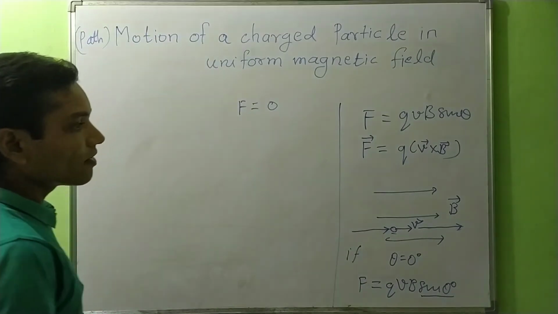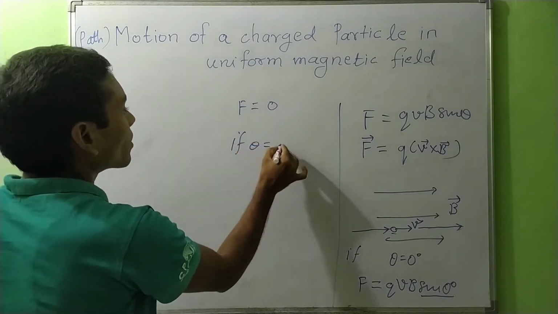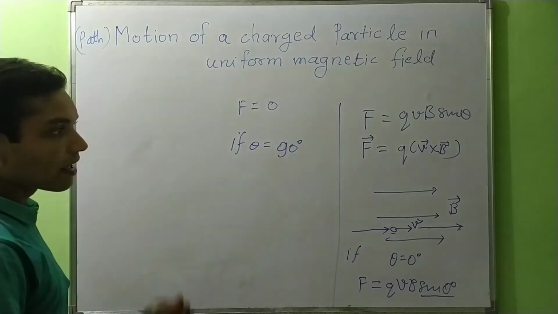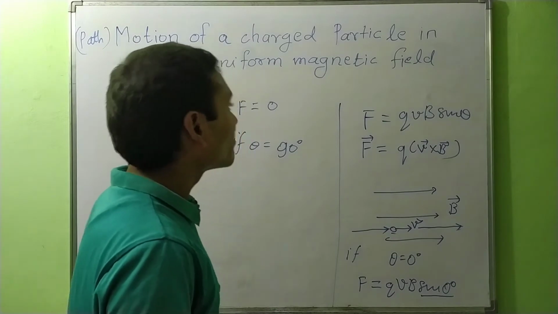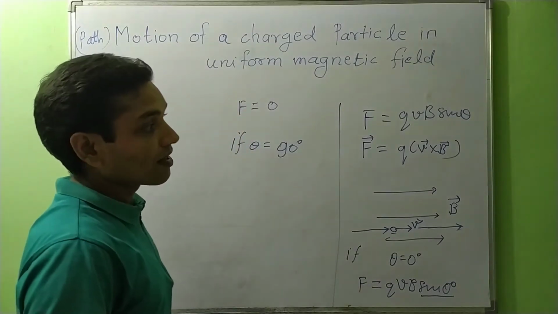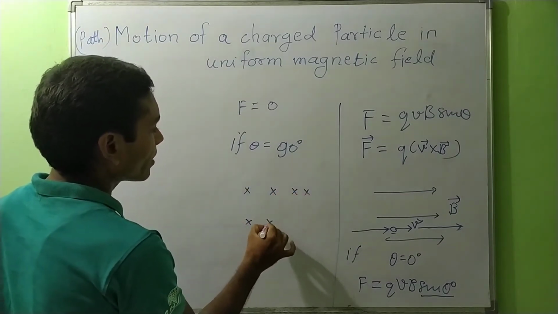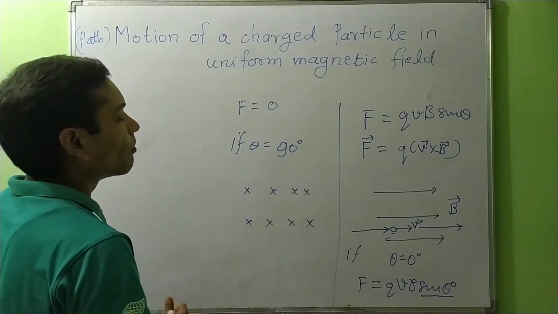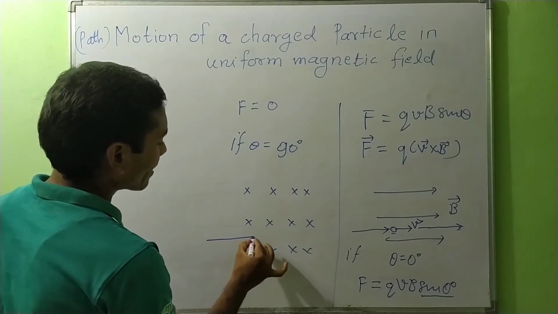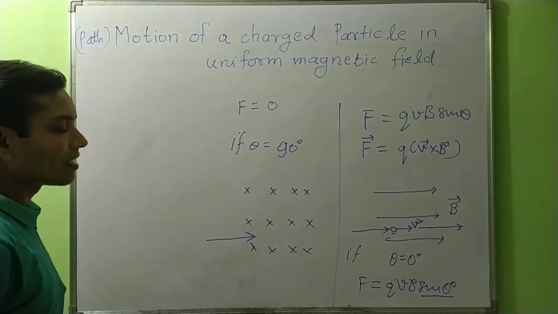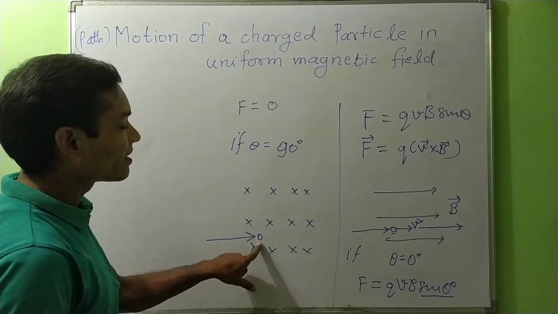And we had also studied that if theta equals 90 degrees, meaning the charged particle enters the magnetic field perpendicular to the direction of the magnetic field. If the direction of the magnetic field is inward of this board or this plane, and the charged particle enters along this direction, what will be the force acting on that charged particle in that case?